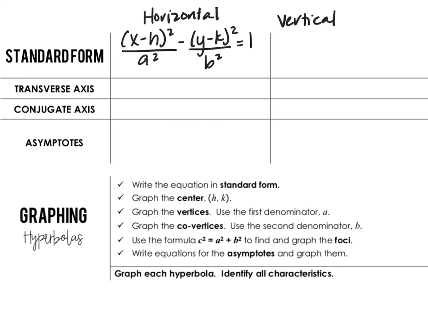And then for our vertical, we have (y minus k) squared over a squared minus (x minus h) squared over b squared equals 1.